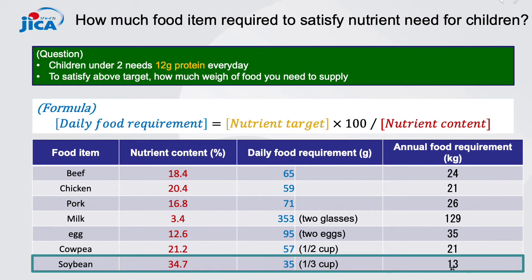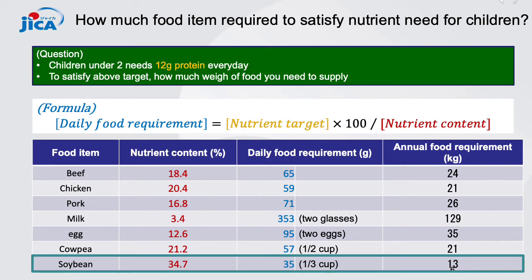Now, another application of the food composition table. It is a common question, how much food item we should prepare for a target group, target population. Let's say we are looking for children under 2.